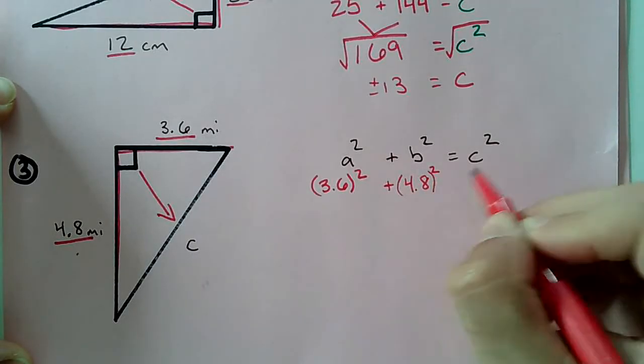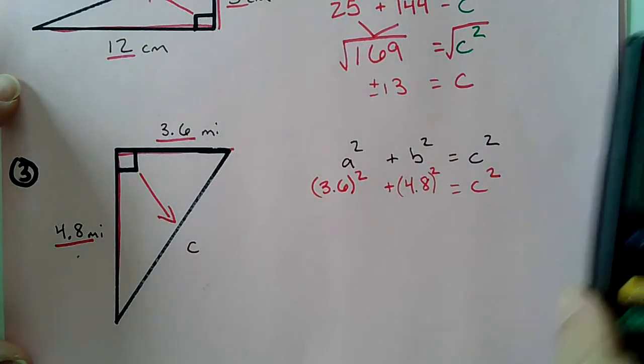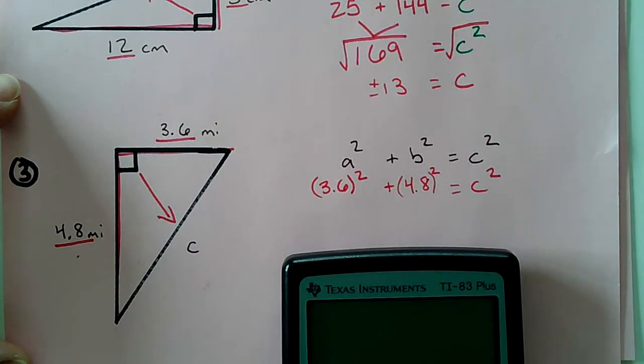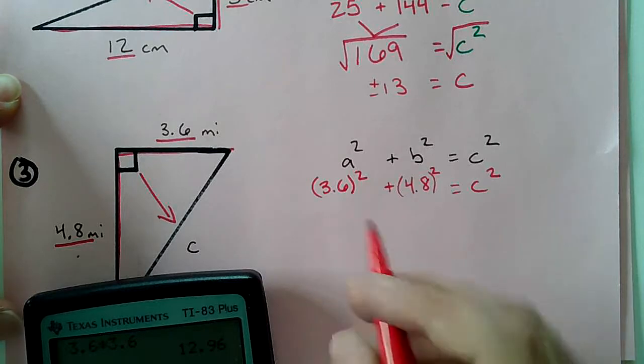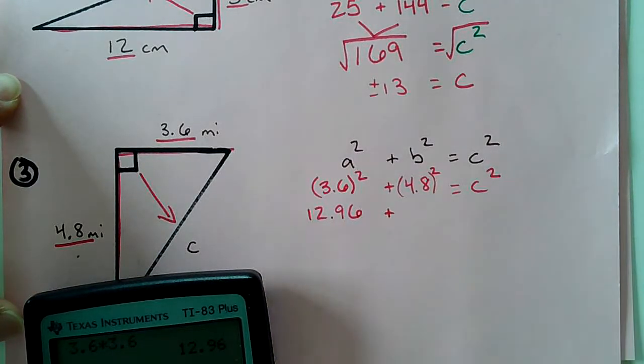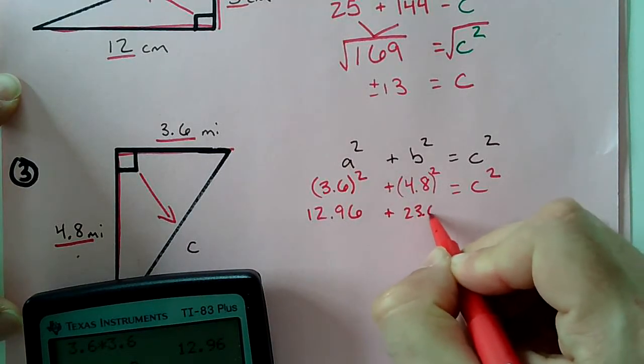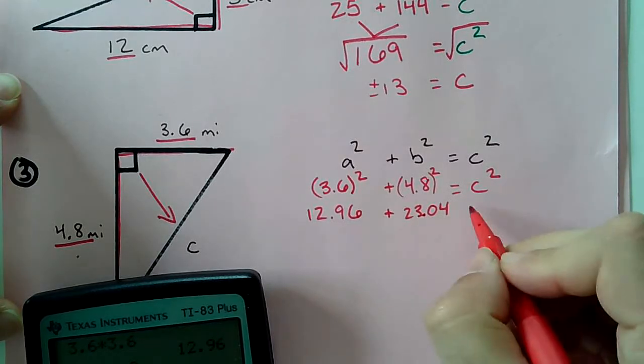Put it in parentheses again, and then C, I don't know. All right, I got to jump to my calculator here. Do that squaring those decimals. So 3.6 times 3.6, that's 12.96. 4.8 times 4.8, 23.04.